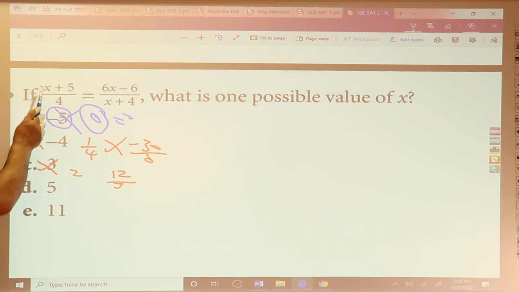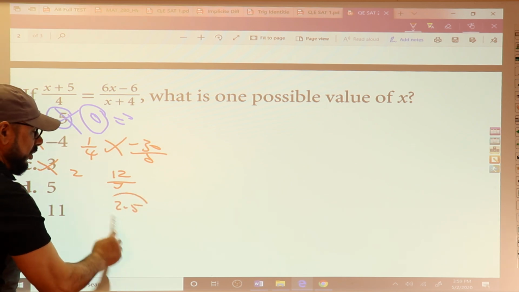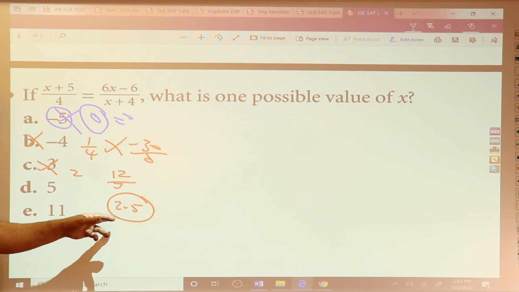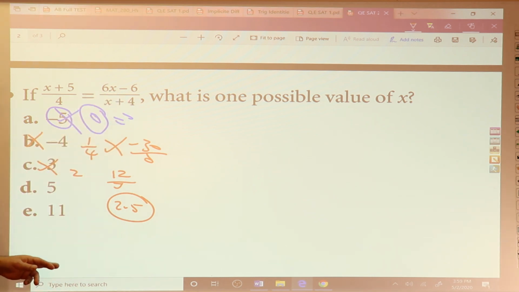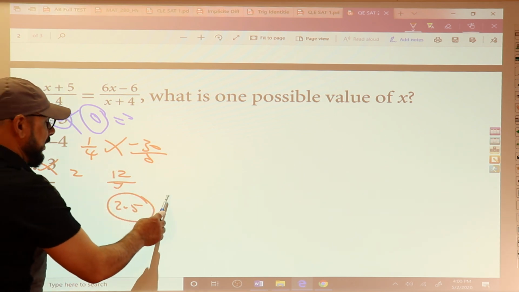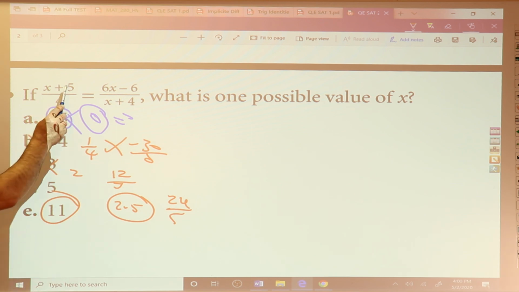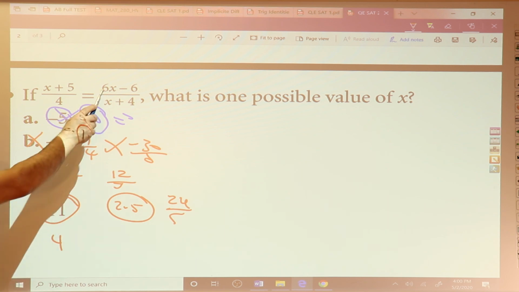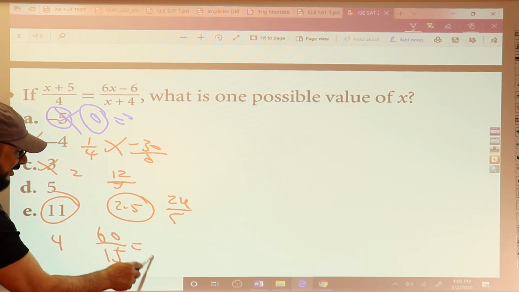Then 5 plus 5 is 10, over 4, it's 2.5. 30 minus 6 is 24, over 9, which is impossible. Then my answer is 11. 11 plus 5 is 16, over 4, that's 4. 6 times 11 is 66, minus 6 is 60, over 15, it's 4.